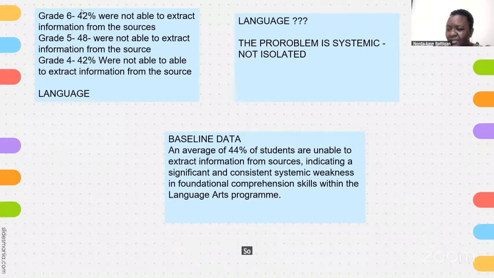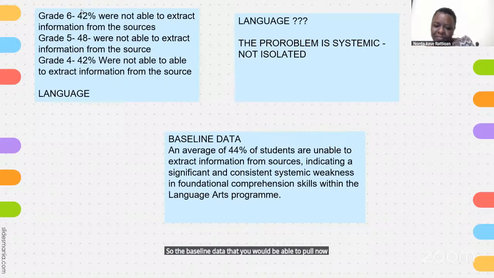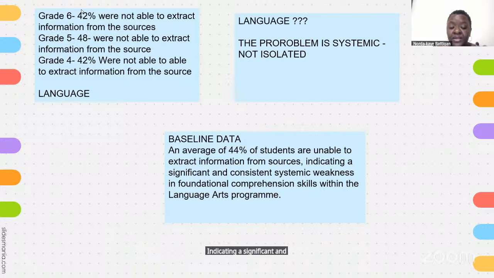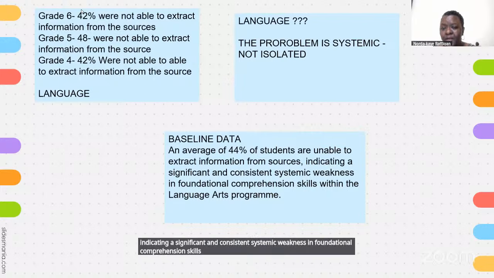So the baseline data that you would be able to pull now to move into your SIP is that an average of 44% of students are unable to extract information from sources, indicating a significant and consistent systemic weakness in foundational comprehension skills within your language arts program.